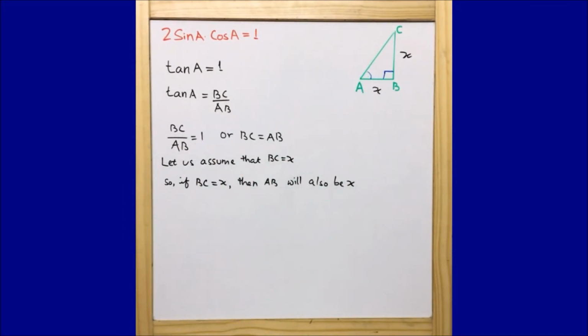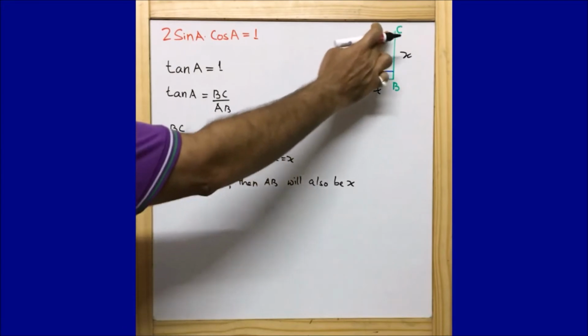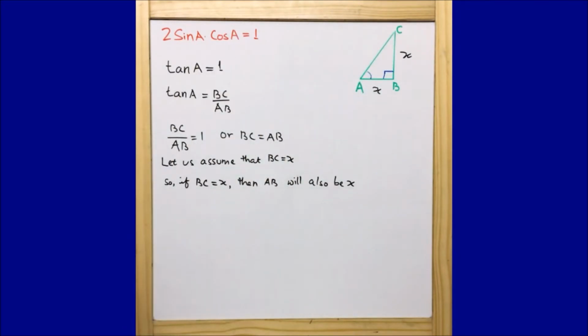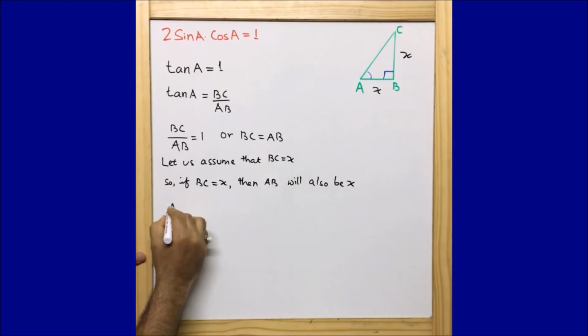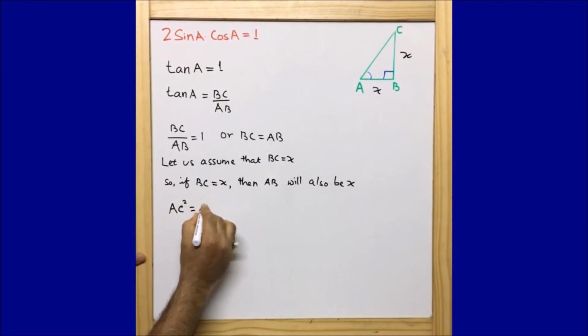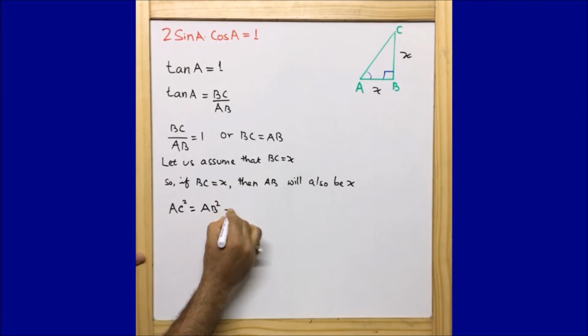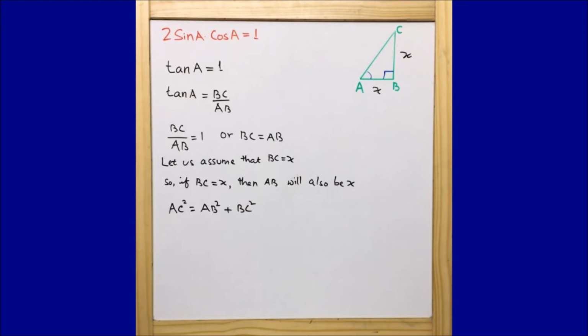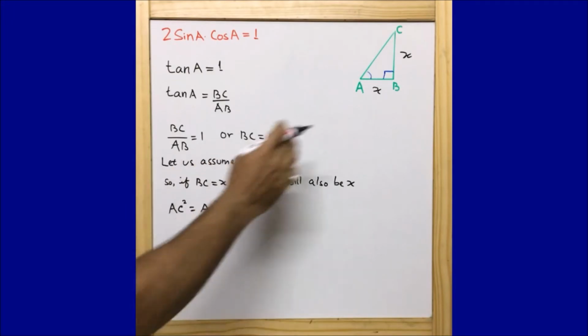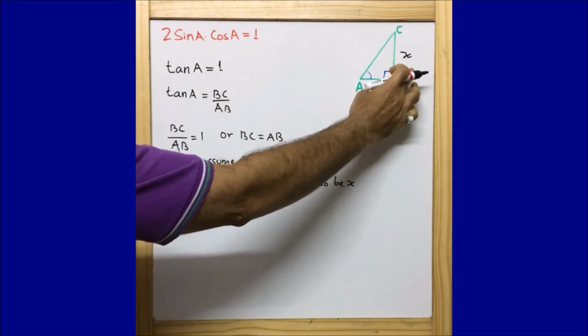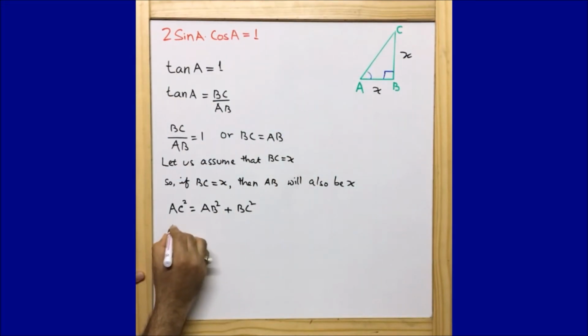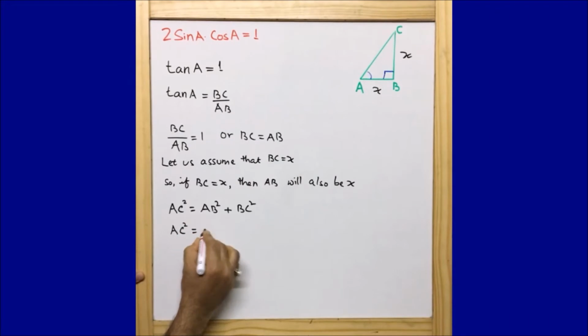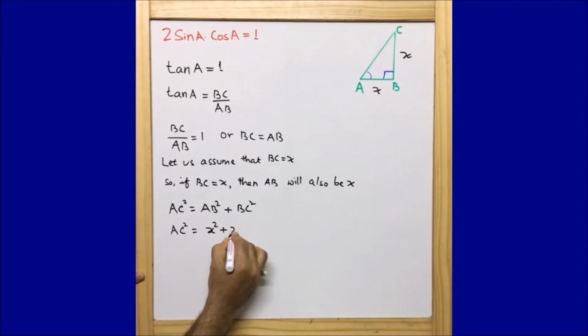Now let us find out the value of AC using the Pythagoras theorem. I can write AC square is equal to AB square plus BC square. AB square is X square and BC square is X square, so AC square is equal to X square plus X square.